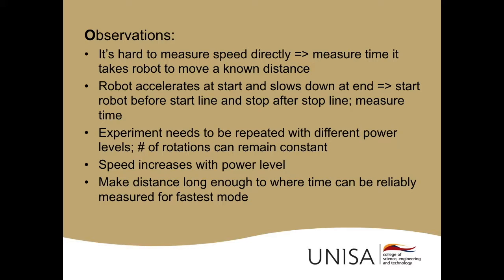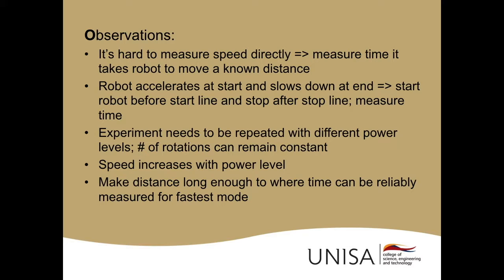So we cannot directly take our approach from the last problem statement, start at the start line and stop at the stop line, but we should actually start our robot before the start line such that when it crosses the start line, it already has its constant speed.